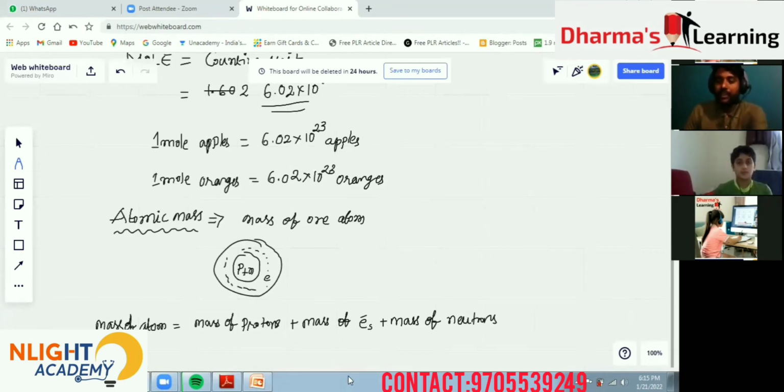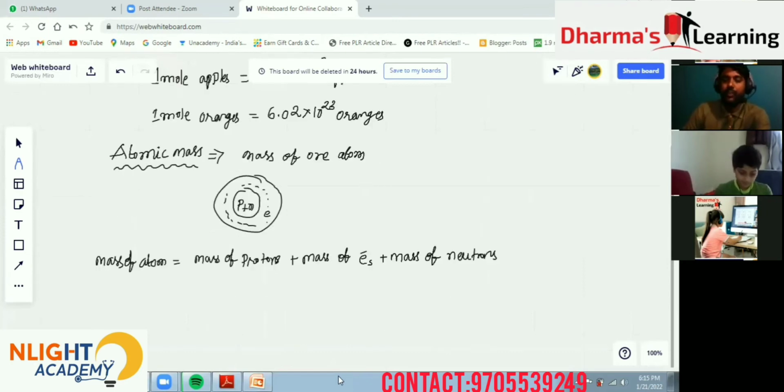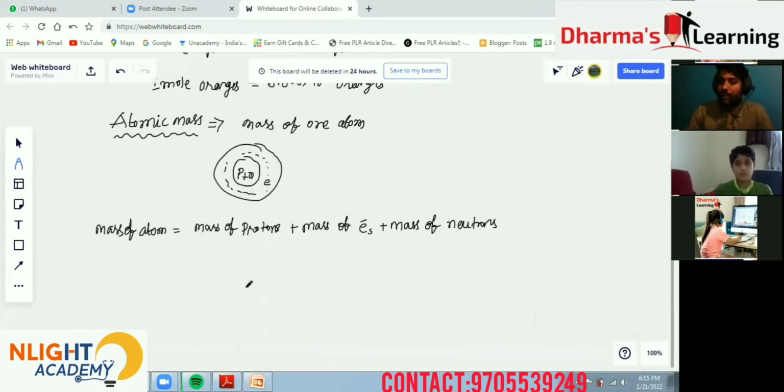We should know what is the mass of one proton, mass of one electron, and mass of one neutron. Because each has a unique mass. Unique mass in the sense, for example, you take the proton from hydrogen, proton from nitrogen, proton from chlorine, proton from calcium.